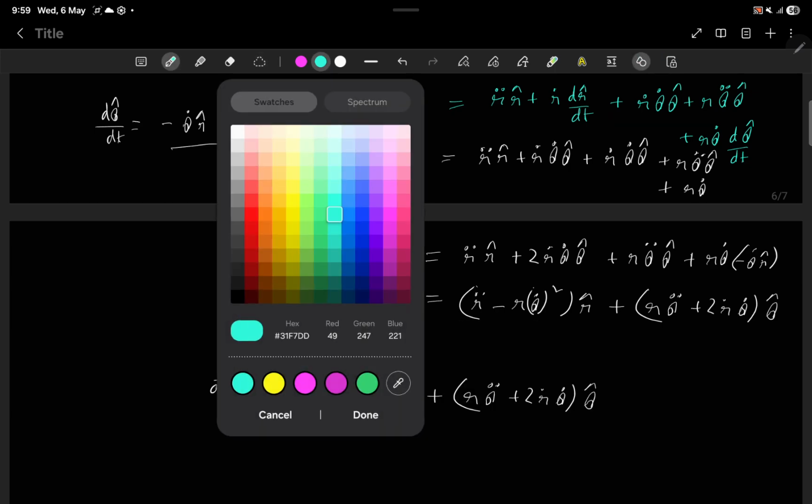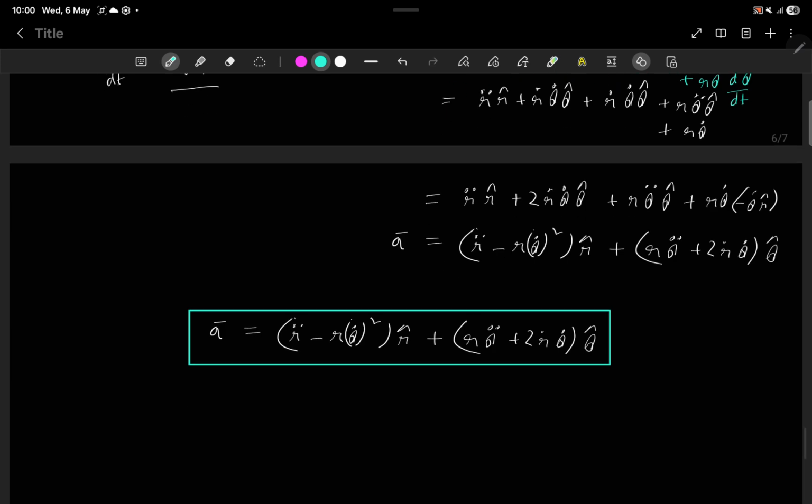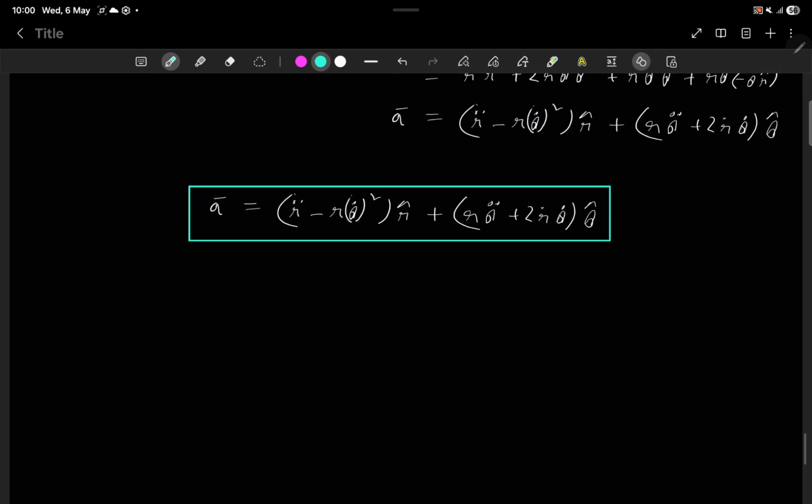Now I will tell you a very important inference, or a very good explanation of these terms individually, which you will need in circular motion and rotational motion. You will understand it later. For now, r double dot equals d square r by dt square. This is the acceleration in the radial direction, or radial acceleration.